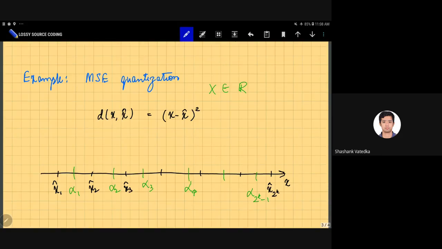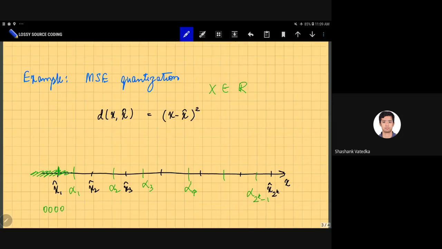Right? So the quantization rule is going to be the following. If I observe a sample between minus infinity and alpha 1, if it is in this range, then the corresponding code word is going to be, say, the all zeros sequence, so k zeros, and the reconstruction is going to be x1 hat.